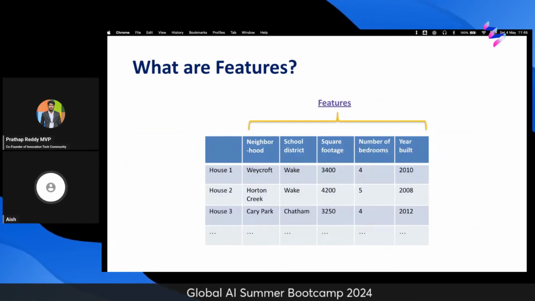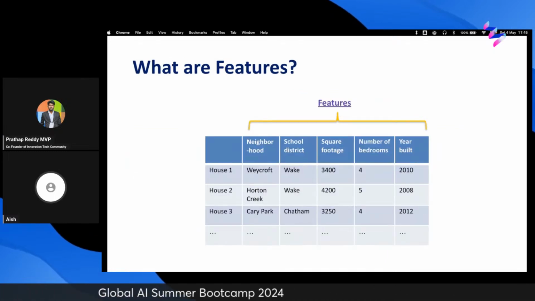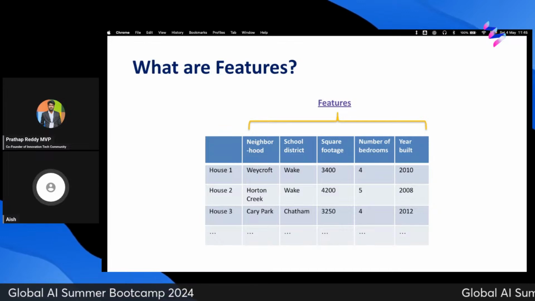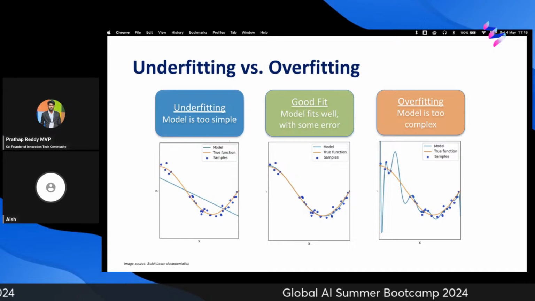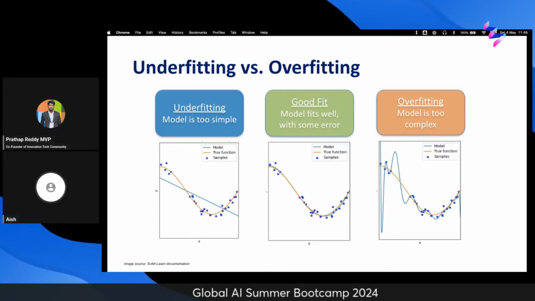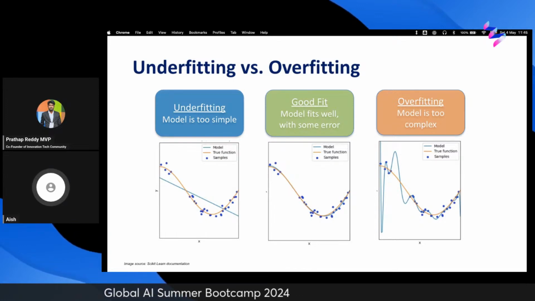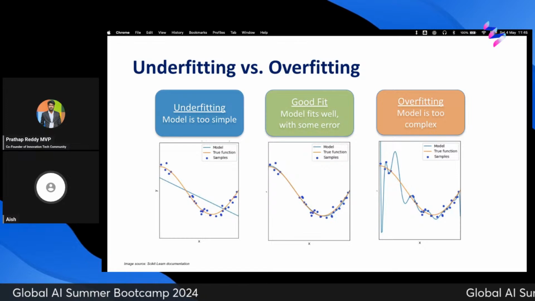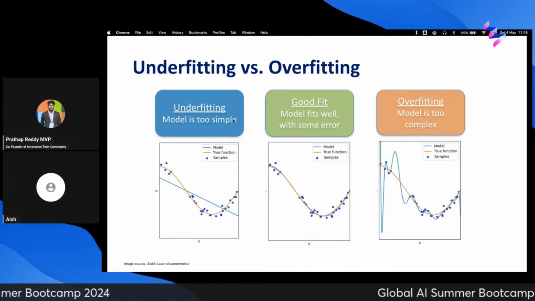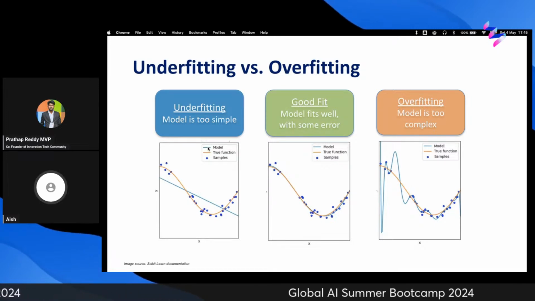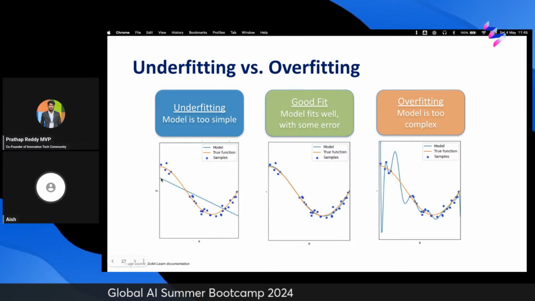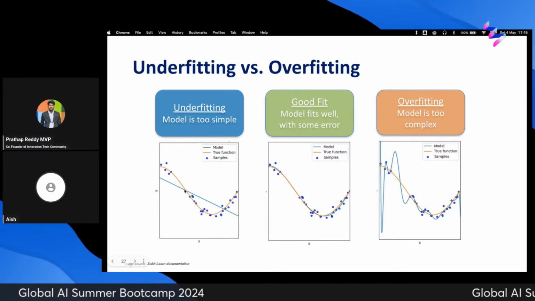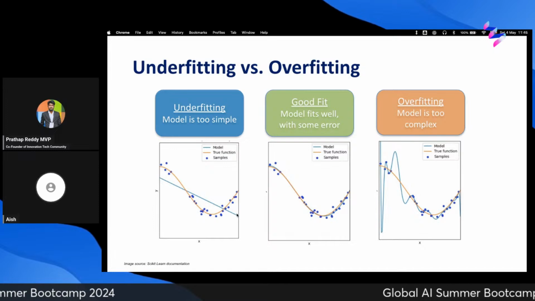Okay, so we have seen this earlier, just about the features, and we are taking this real estate prices example again. Now let's take a look at underfitting versus overfitting versus a good fit. For example, if you have an underfitting like this, the light blue line is my model. My model is predicting that these values are going to fall on this particular line.